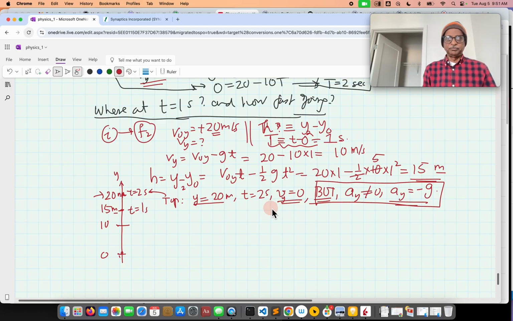But it is going to start to change the very next instant. Because of this, vy will be negative. So in the very next instant, its vy will be pointed down.